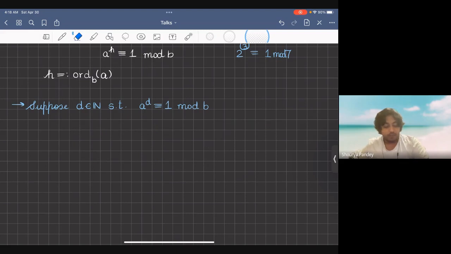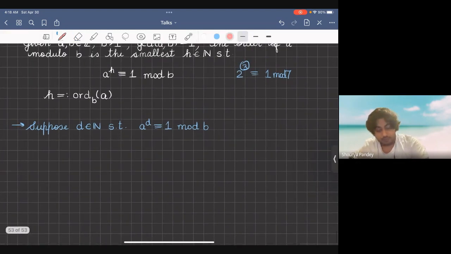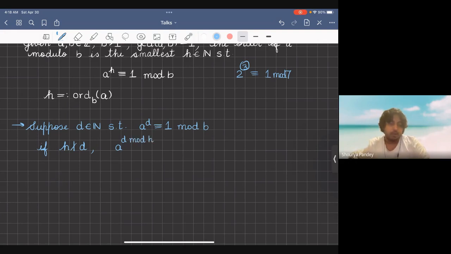So the point is that if h is not a factor of d, then a to the power of the remainder when d is divided by h is congruent to 1 mod b. Call this r. But then this r is strictly between 0 and h, which is a contradiction, right?